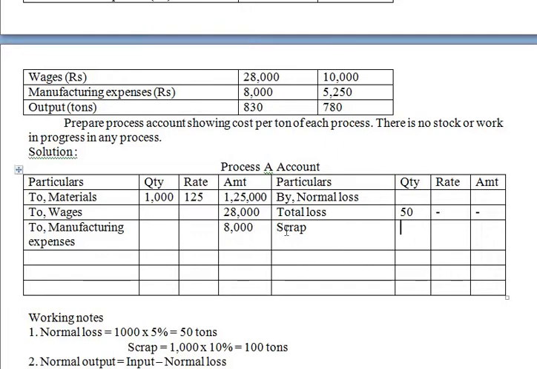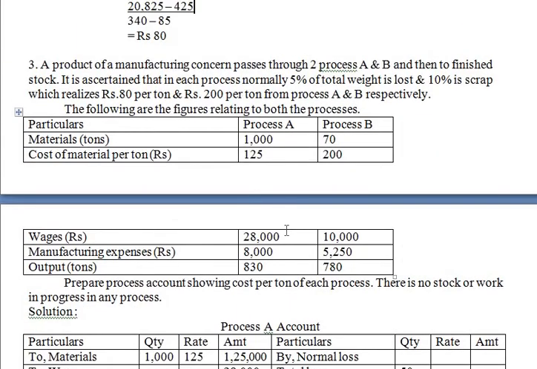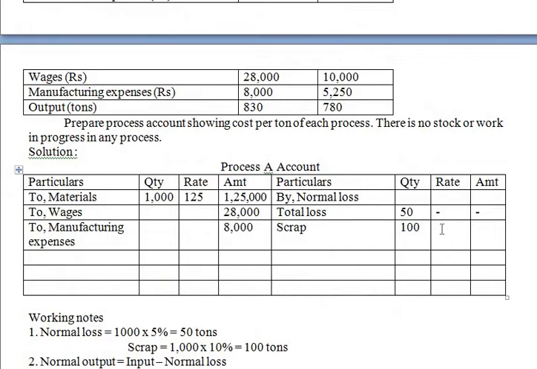Scrap quantity is 100, rate is given in the problem. Just go through here. 10% is scrap, which realizes rupees 80 per ton and rupees 200 per ton from process A and B respectively. Okay, hope so everybody is understanding this. So that is 80. So the amount is 8,000. Hope so everybody has understood this.